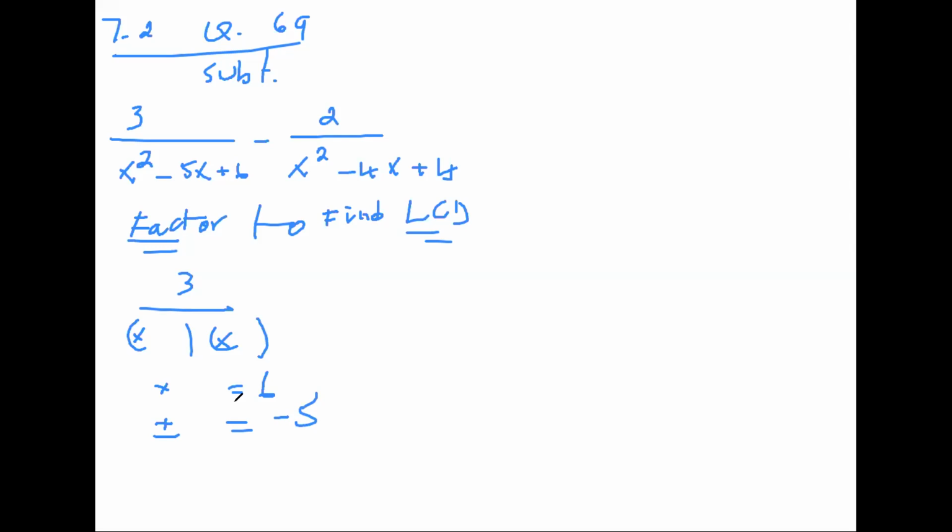What numbers multiply to 6 and add up to negative 5? 3 and 2. But what signs would we use? Keep in mind, we want to get 6 and negative 5 from the same signs. We don't change them.